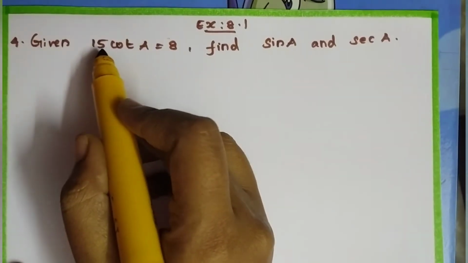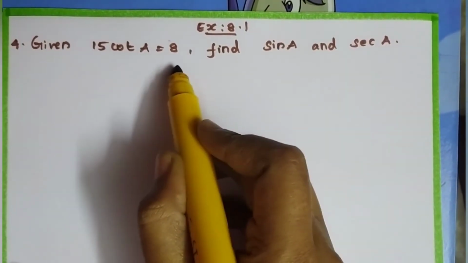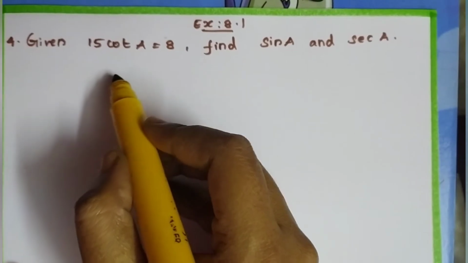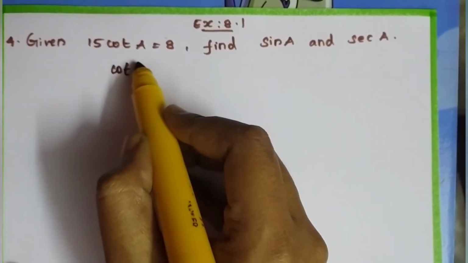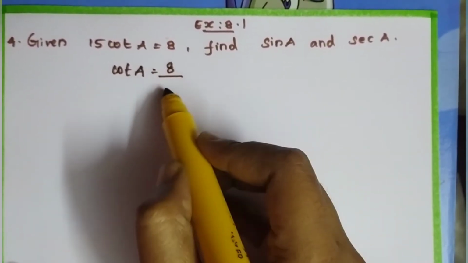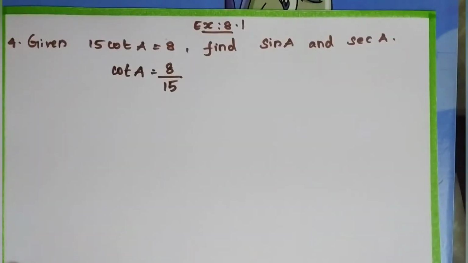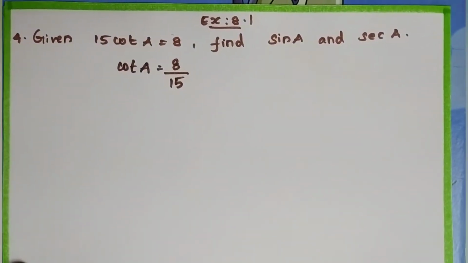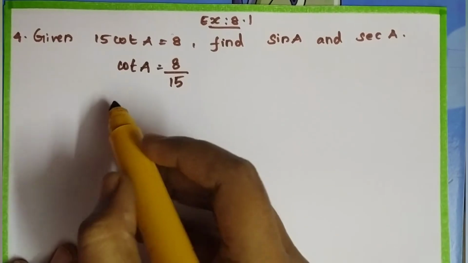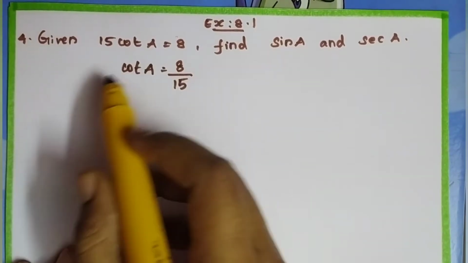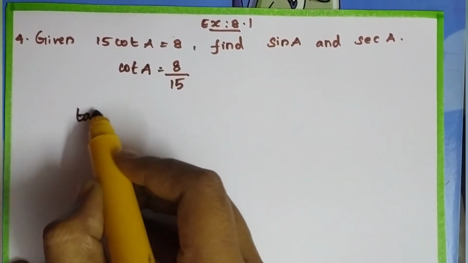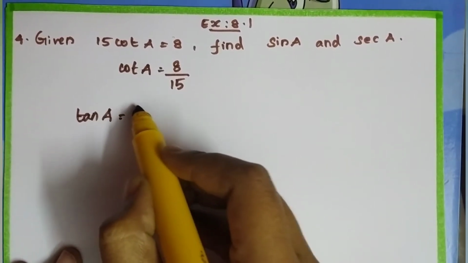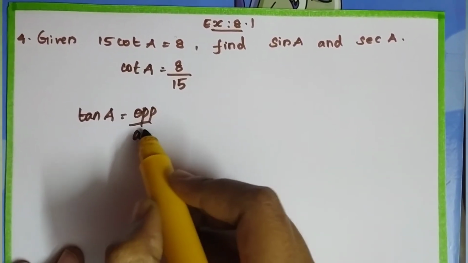So you have to shift this 15 to the right hand side. Then you will get cot A is equal to 8 by 15. So, what is the trigonometric ratio for cot? Cot is the reciprocal of tan. Tan formula is opposite by adjacent.